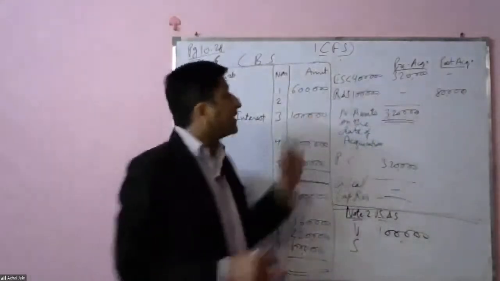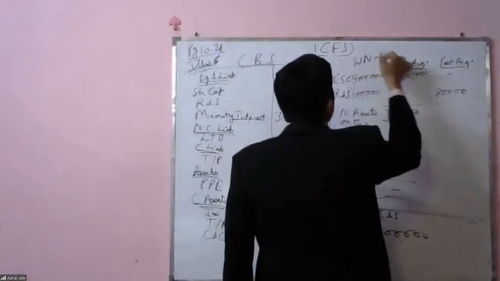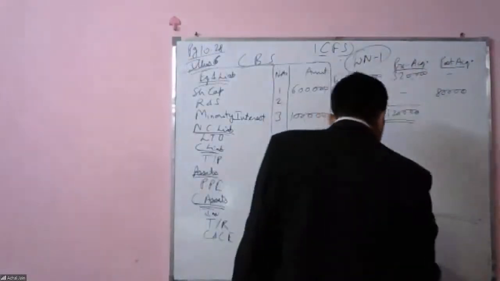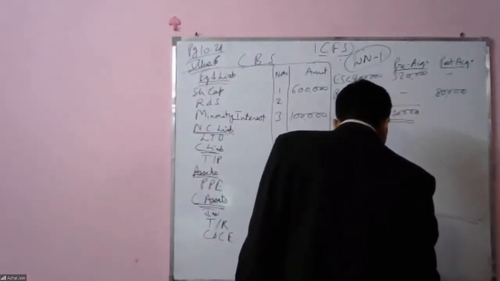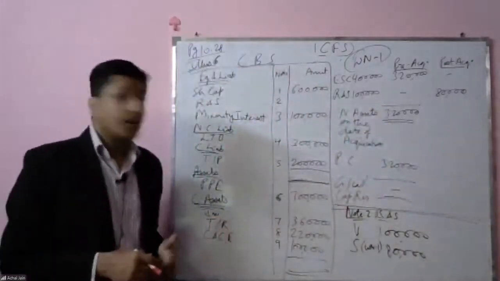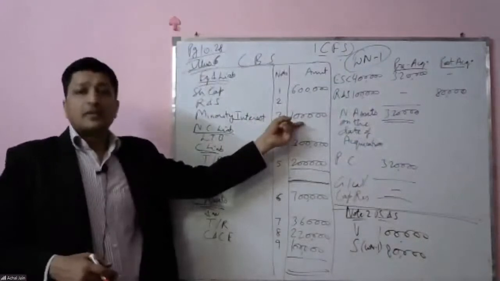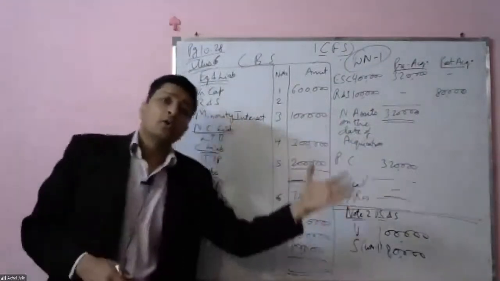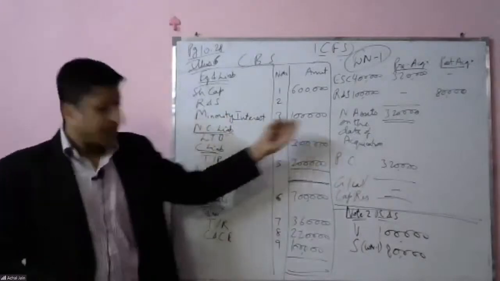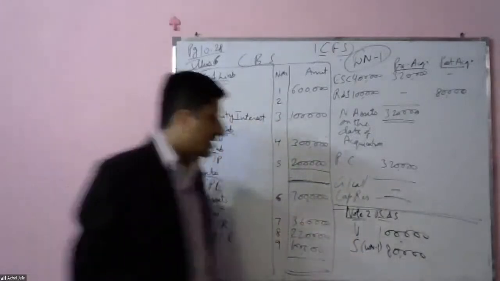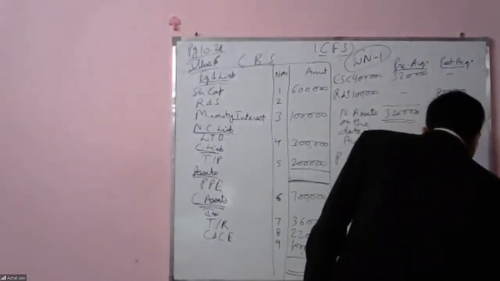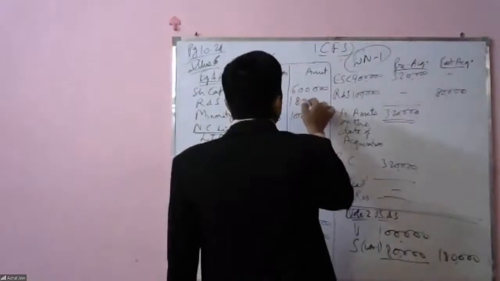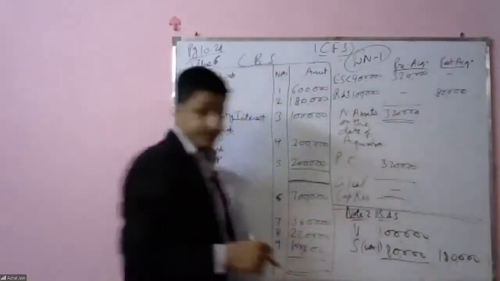No, only the part we can pick up. So this working note number 1, 80,000 can be picked up. And while we are picking up 80,000, what about 20,000? That 20,000 has gone to minority. So 20,000 belong to minority, and 80,000 belongs to majority, so that has come over here. So all in all, it becomes 1,80,000, which we can take to the balance sheet.